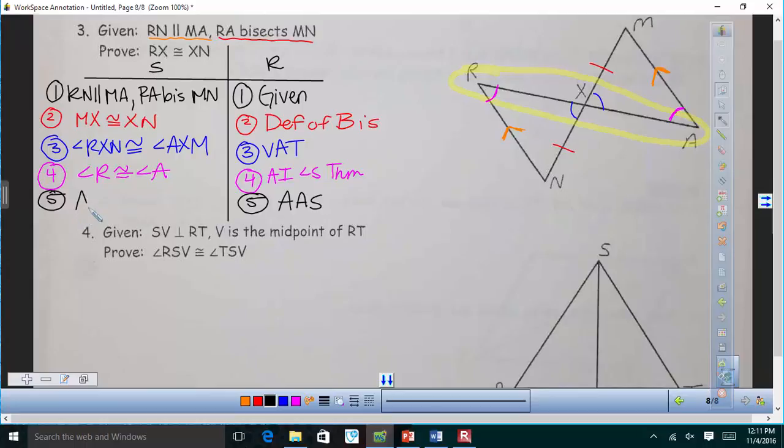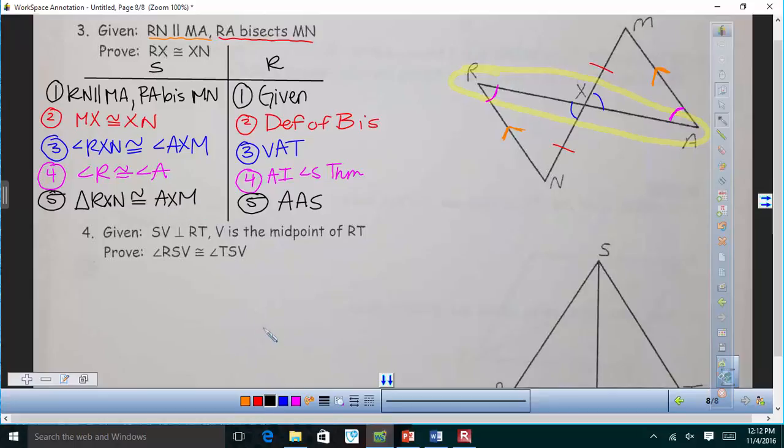Do you think we can write the triangle without labeling it? Without doing the colors, do you think you can write it in order? Yeah. Okay. So I'm going to start with R, go to X, go to N. So triangle RXN is congruent to, what angle is congruent to R? A, so that means I have to start with A. Then I would go to X to M.